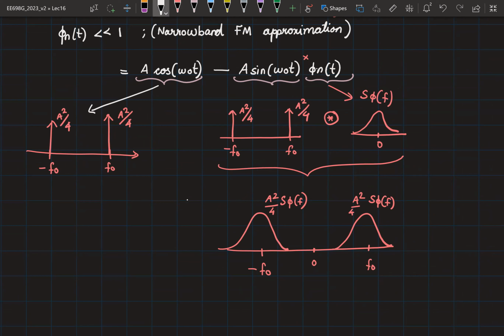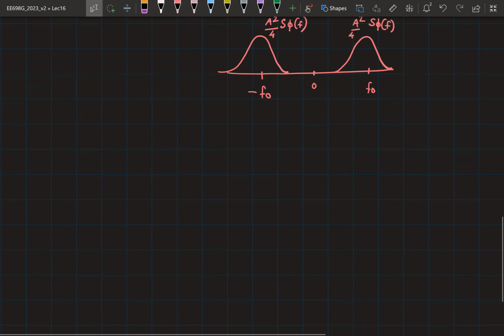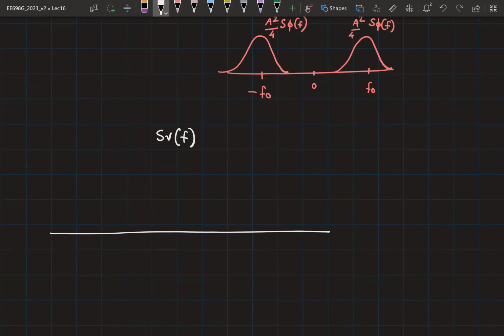So you know the PSD of A cos omega naught t. You know the PSD of this. So I want the PSD of V out of t. That is our final aim, right? So it will simply be the sum of these two plots, right? So my SV of f is going to be, so I will have around f naught, I will first have an impulse of value A square by 4.